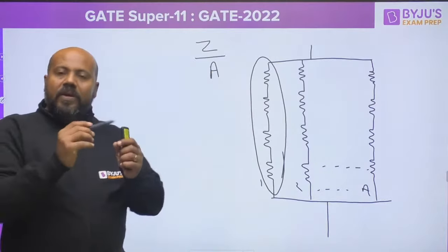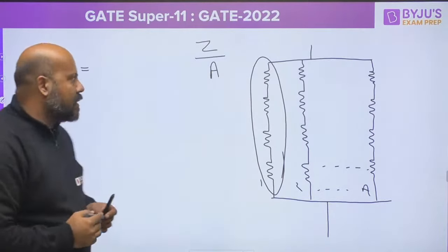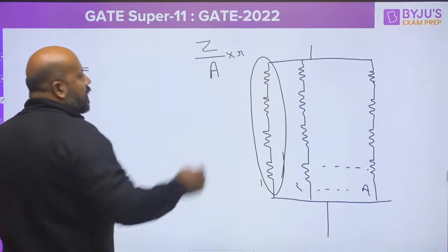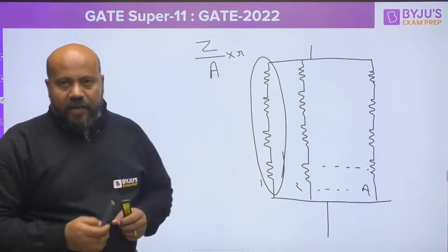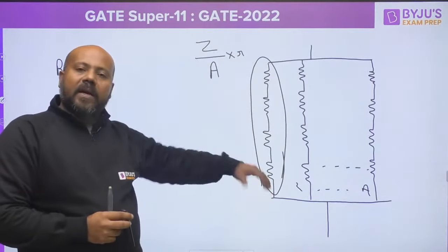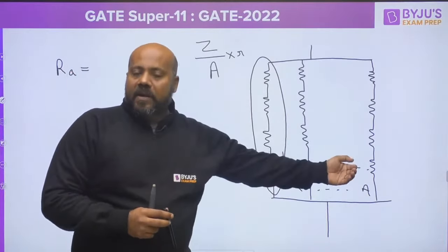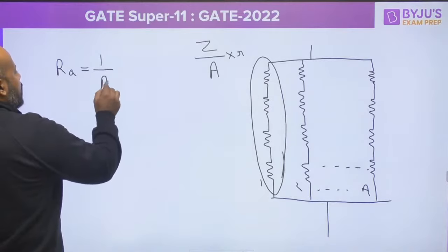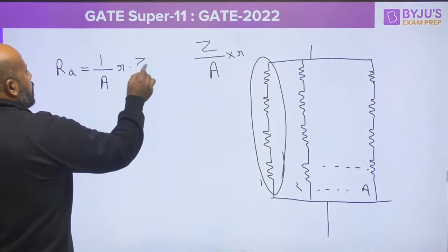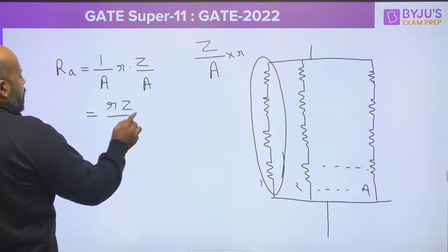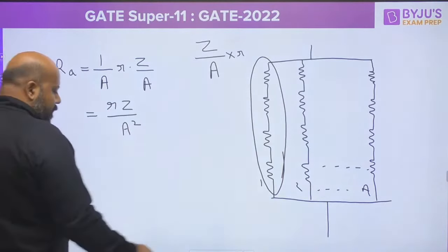So if you want to know the resistance of one parallel path, simply multiply with a small r, that is the resistance of one conductor. And if you know the resistance of one parallel path and you know how many such parallel paths are there, A, you can write the armature resistance as 1 upon A times rZ upon A. So you can write armature resistance as rZ upon A square.